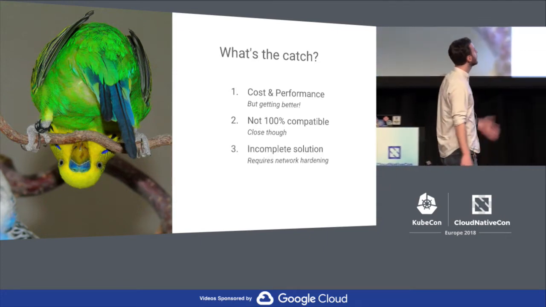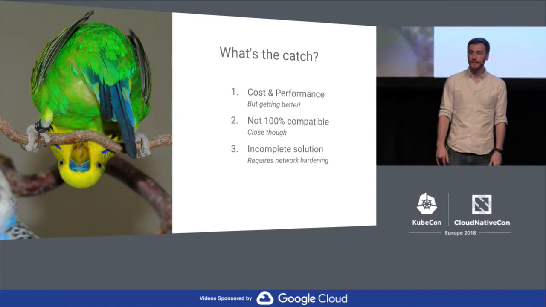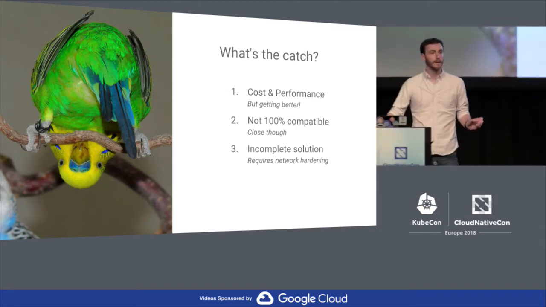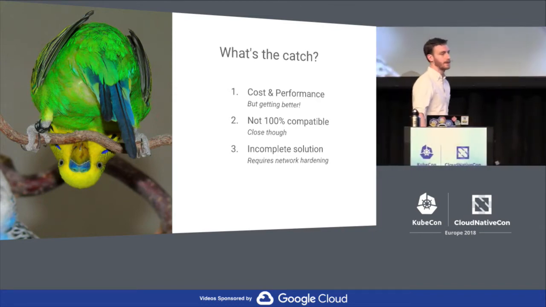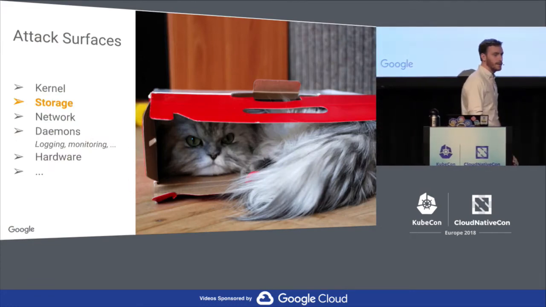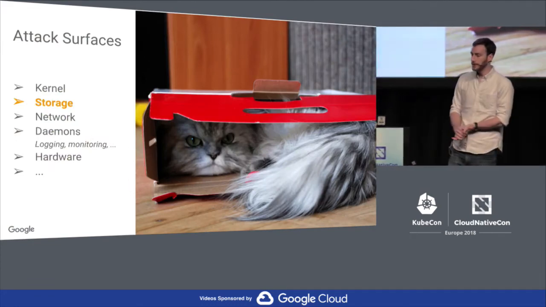And finally, this isn't really a reason not to use sandboxes, but it's not a complete solution. We'll get to that a little later. In particular, it's probably not going to protect your internal network. So now let's move on to talk about attacks via storage.